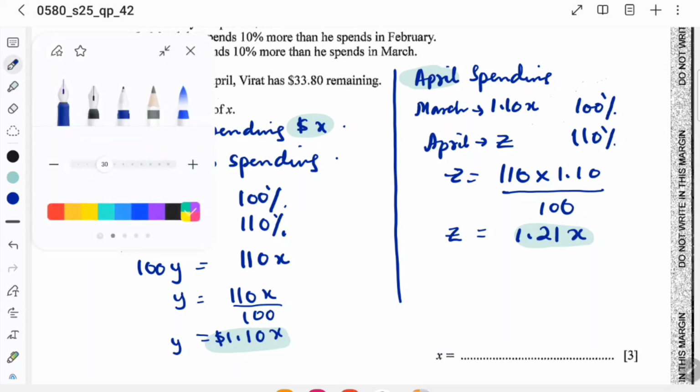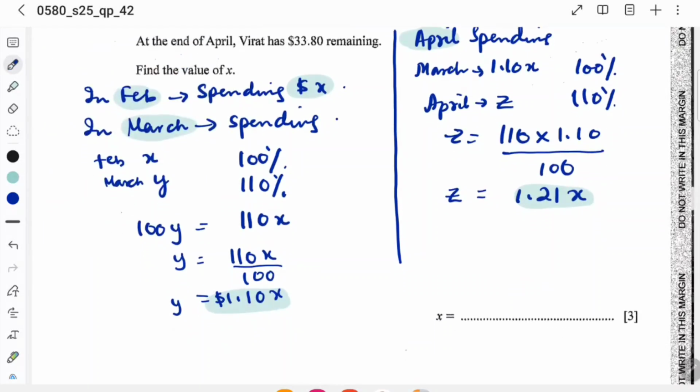So the total expenditure we are going to find out. The remaining amount is 33.8, and we'll find out the total expenditure.